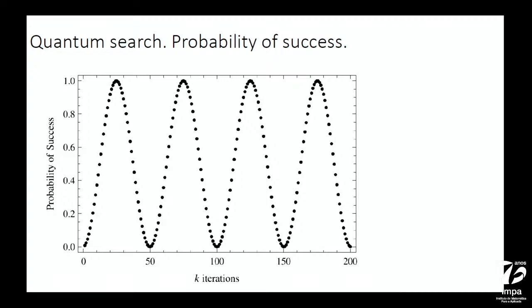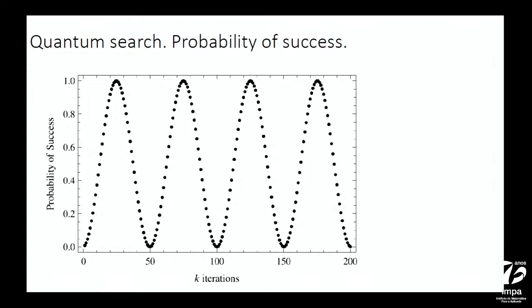A few more things. What happens if you choose an improper number of iterations? This is the probability of success depending on the number of iterations of Q which you are doing, for some operator and some number of qubits. You see it is increasing.